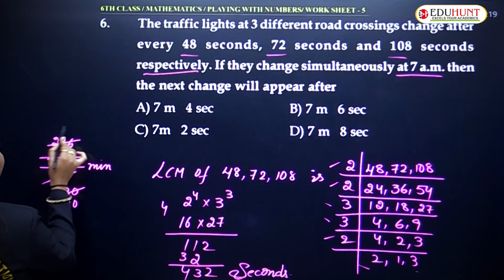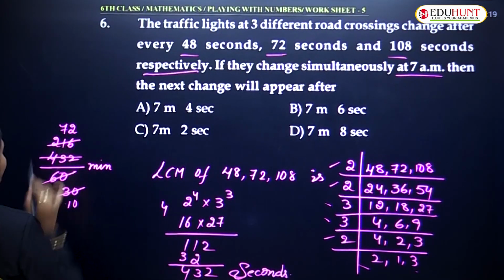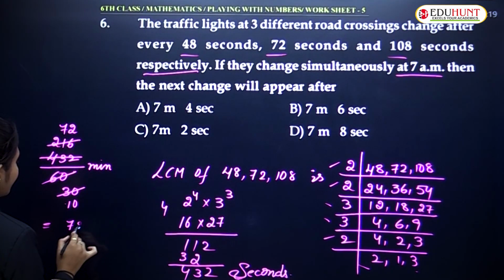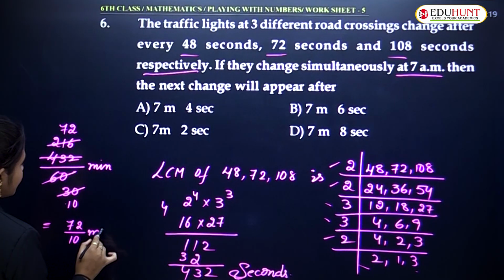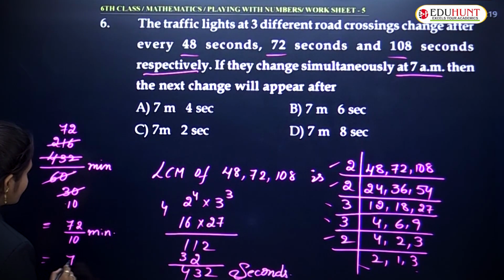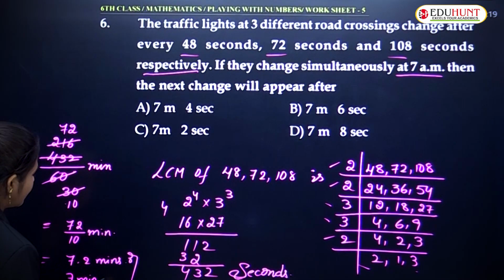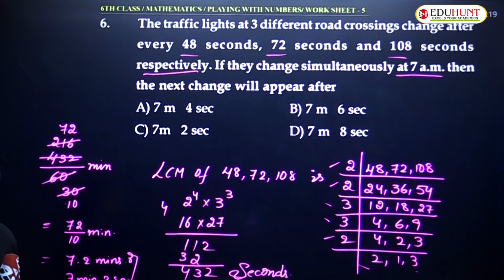And here 3 sevens are 21, 72s. Finally 72 by 10 minutes, which equals 7.2 minutes, or 7 minutes 2 seconds. 7 minutes 2 seconds. Understand, ma?